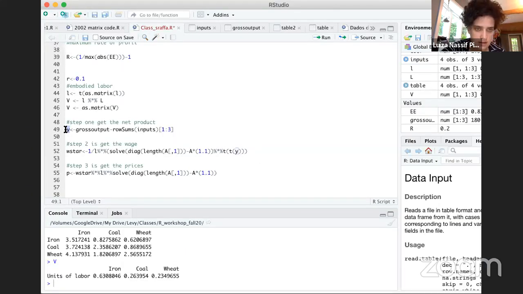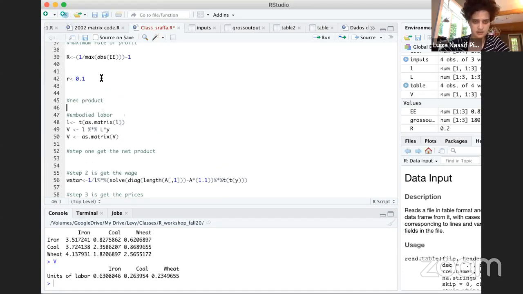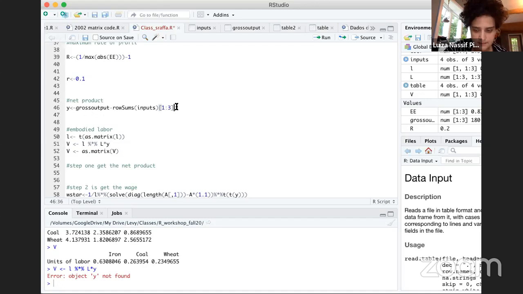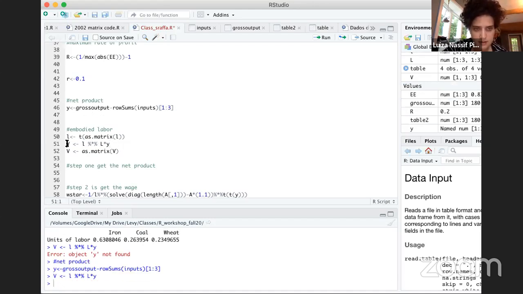I think you actually want to do the labor embodied times Y here, which would mean bringing this. So first you want to do net product. I think you need that on your embodied labor, but I'm not 100% sure right now. Just so you see the difference.